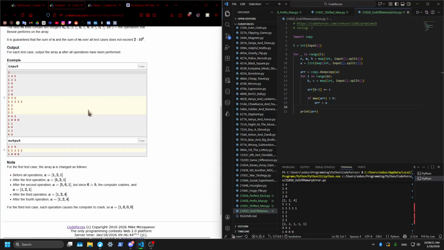For the second test case, our limit is 1. So basically, everything we would do would cause it to go haywire. Same for this one. Right, max R is not greater than.